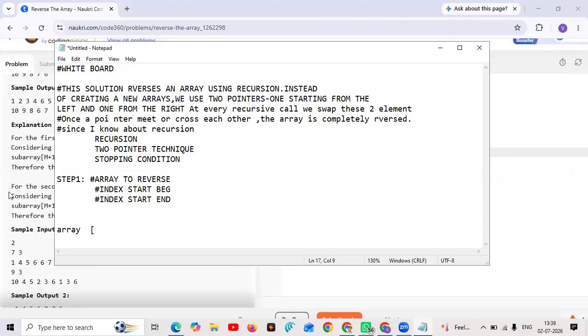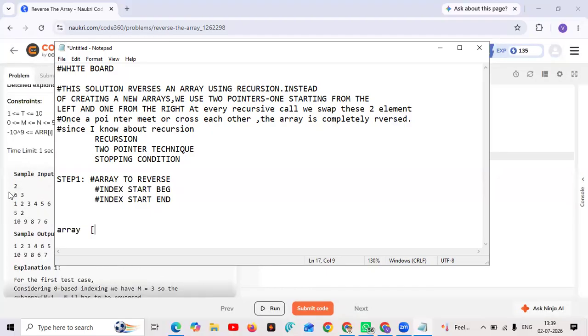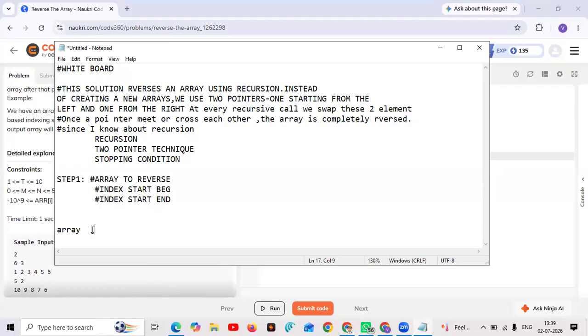So if I take this sample, first of all, we're not increasing the complexity of the problem. We just want to explain the question with the same array, 2, 3, 4, 5, 6. This is our array. What is left and what is right? Yesterday also, when I was explaining the recursion problem, we were taking a left and a right.